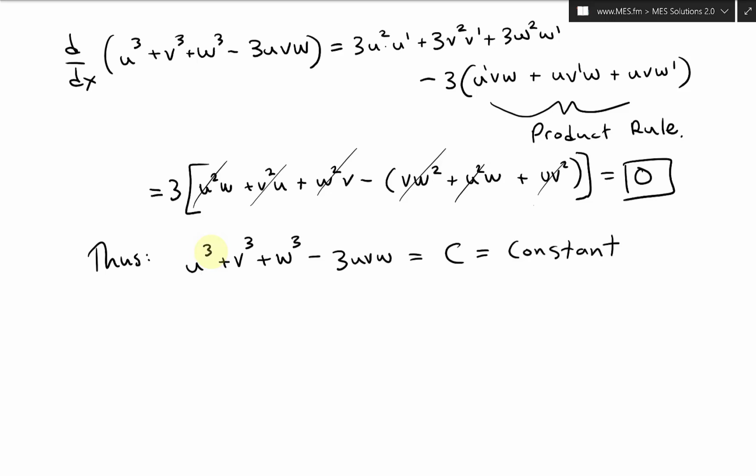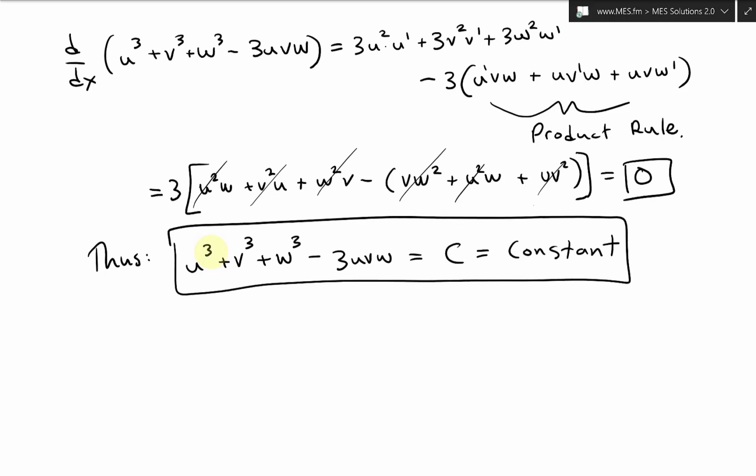So we have to have this because the derivative is 0. The only way the derivative on the left side can equal the derivative on the right side is if it's a constant. So the derivative of the constant goes to 0.